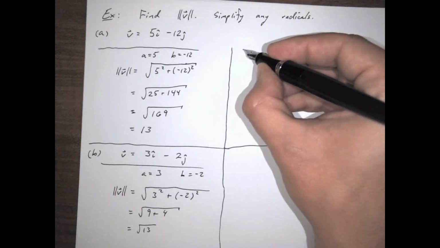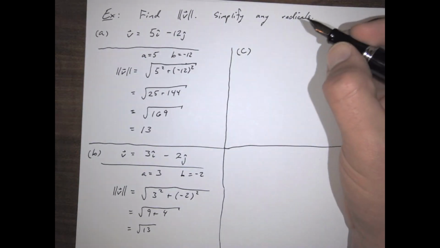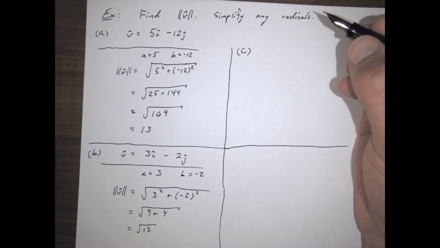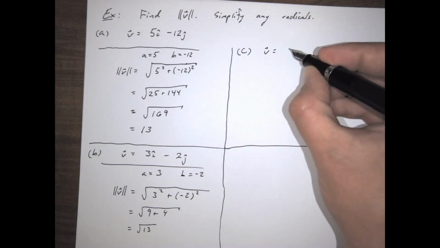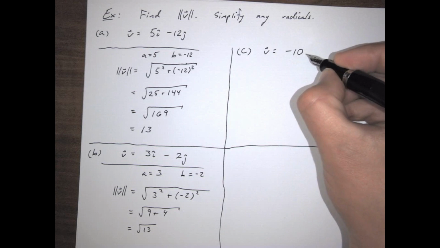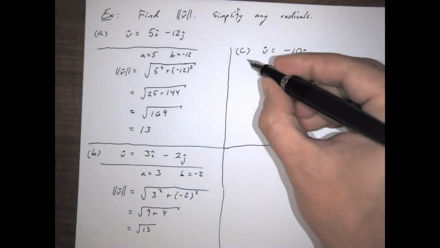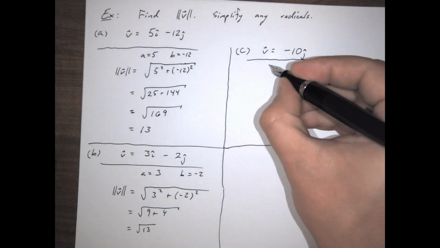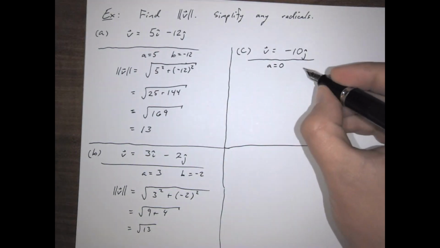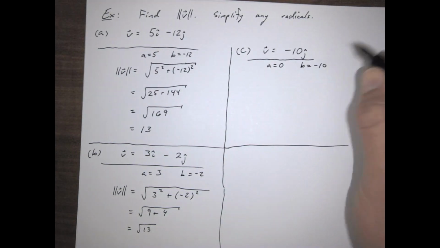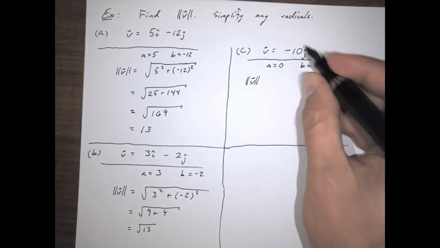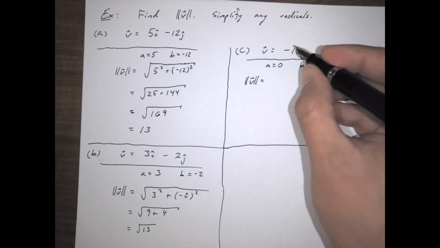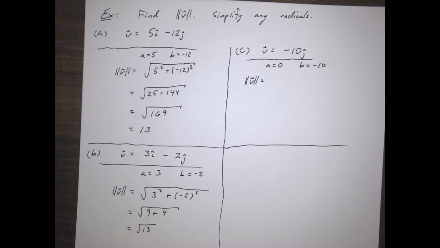What about something like C? v equals negative 10j. So the i component is just 0. Well, if you untangle what this actually means, it's very clear what the length of this has to be once you draw the picture.